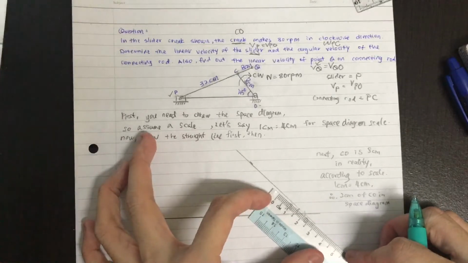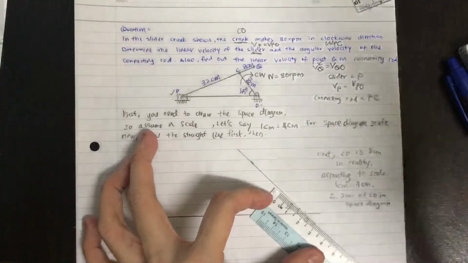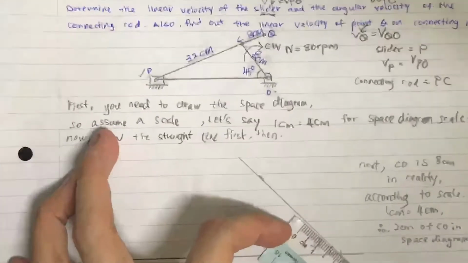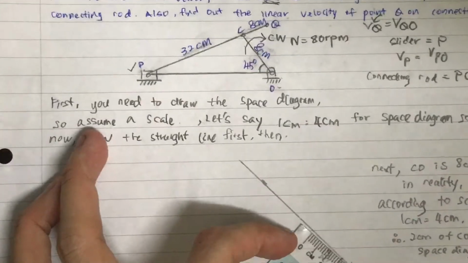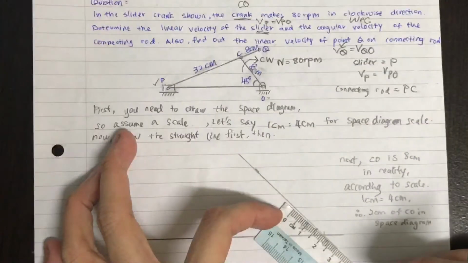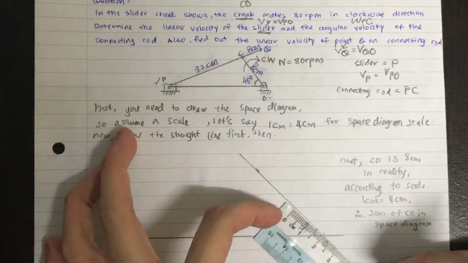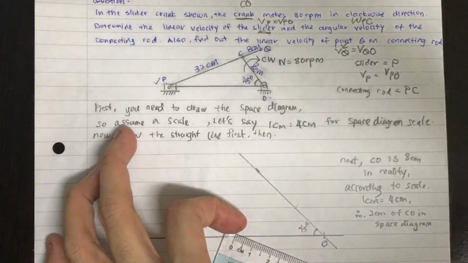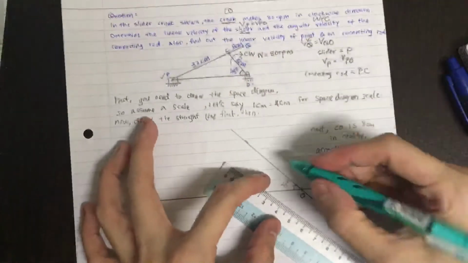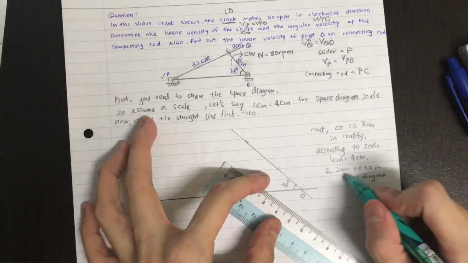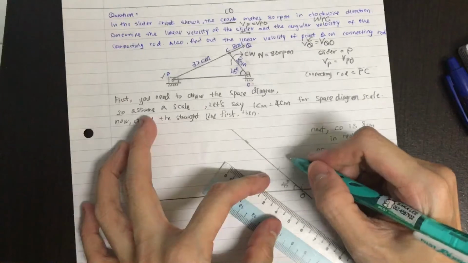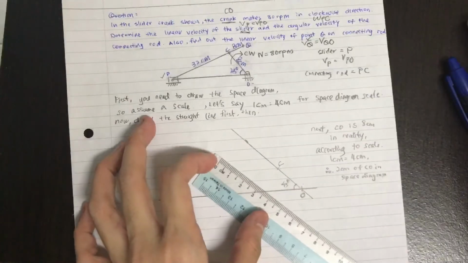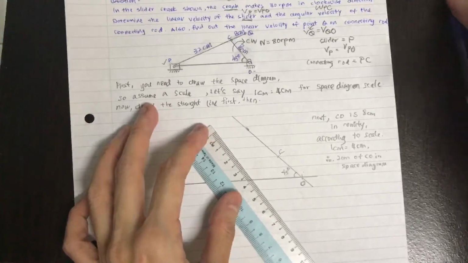Measure 2 centimeters from O. Then label your C.